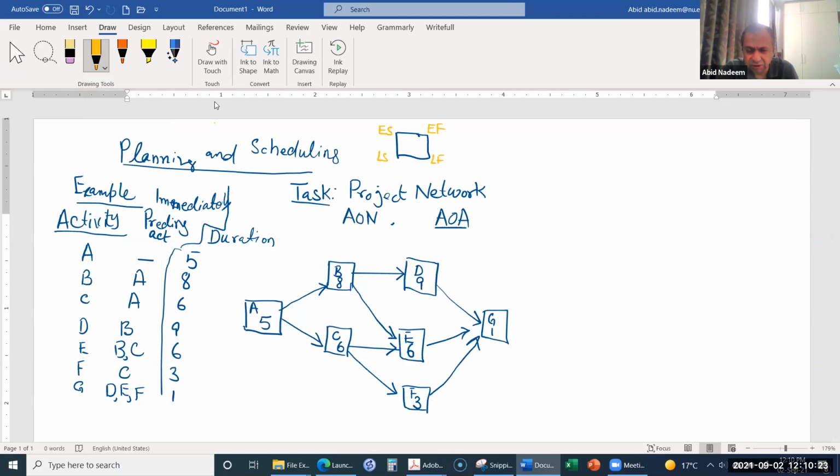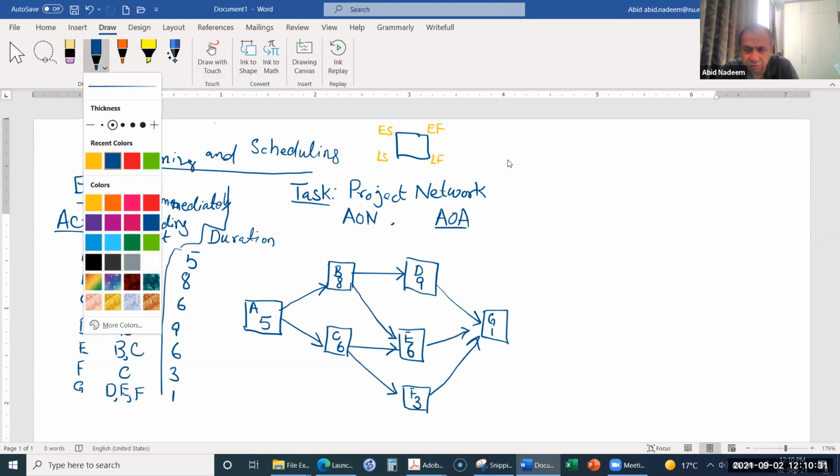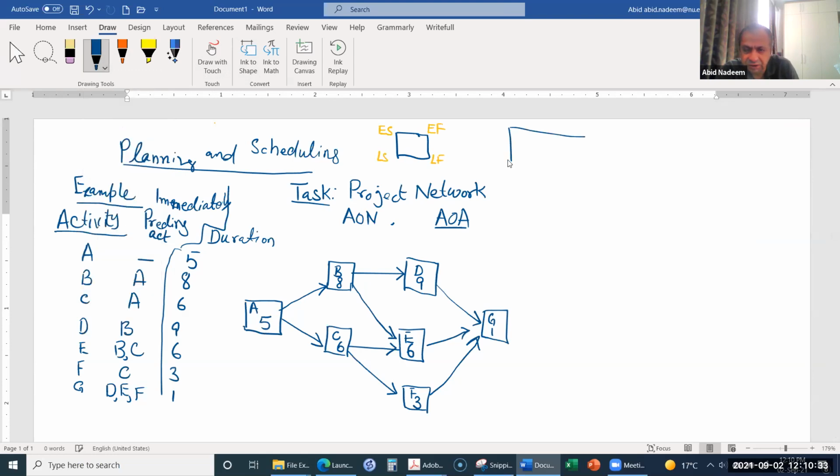As I have just drawn this diagram by hand, I did not draw it in a properly formatted way. A more properly formatted way is something like this, in which you have the early start time and early finish time. Anyway, we can represent these times over here.